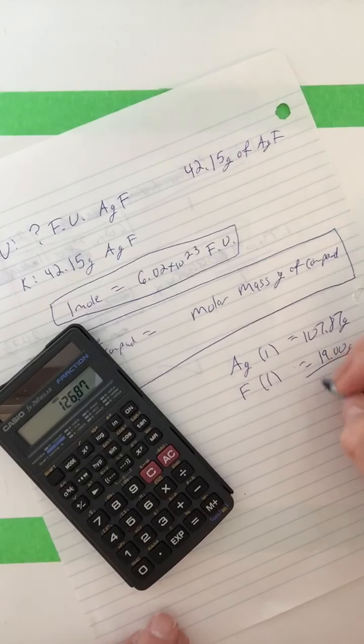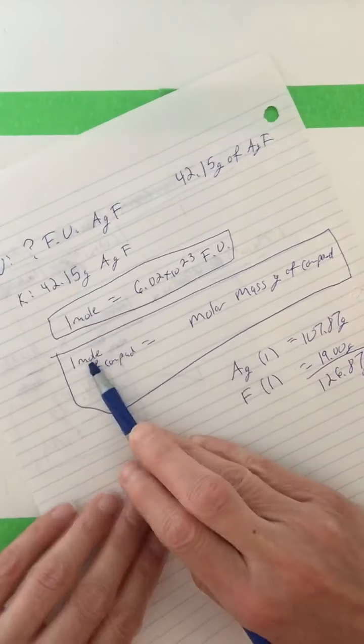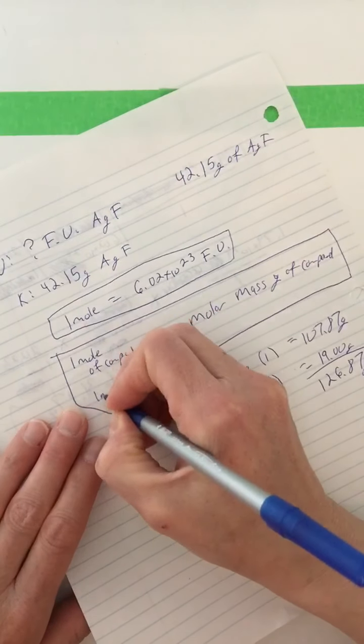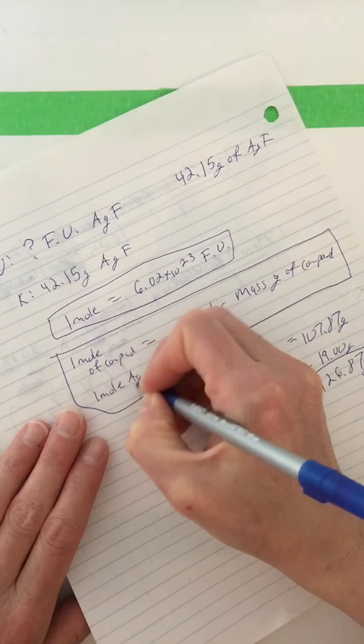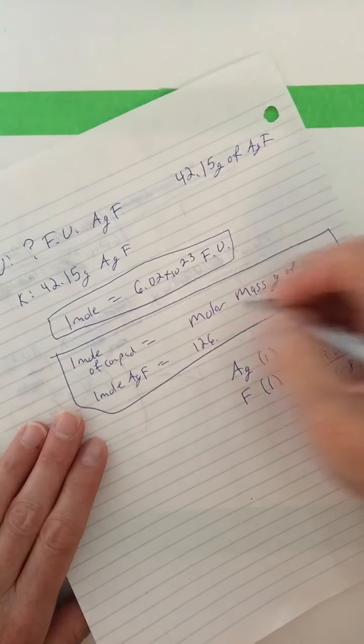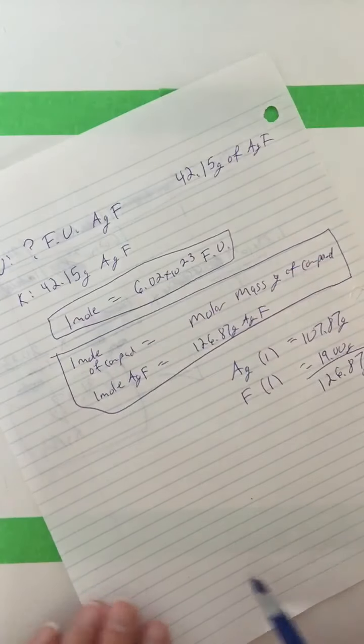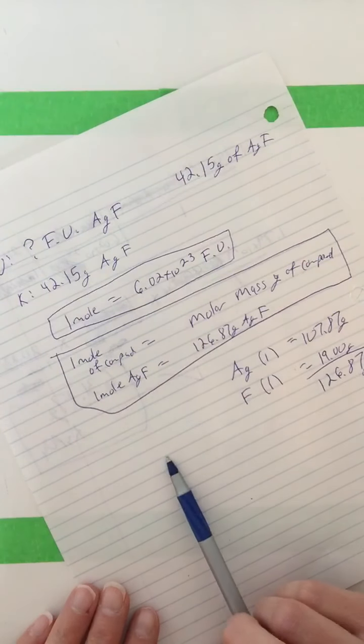Could have done that one in my head. 126.87 grams. So now we know this. 1 mole of AgF is equal to 126.87 grams of AgF. So we have our 2 conversion factors.